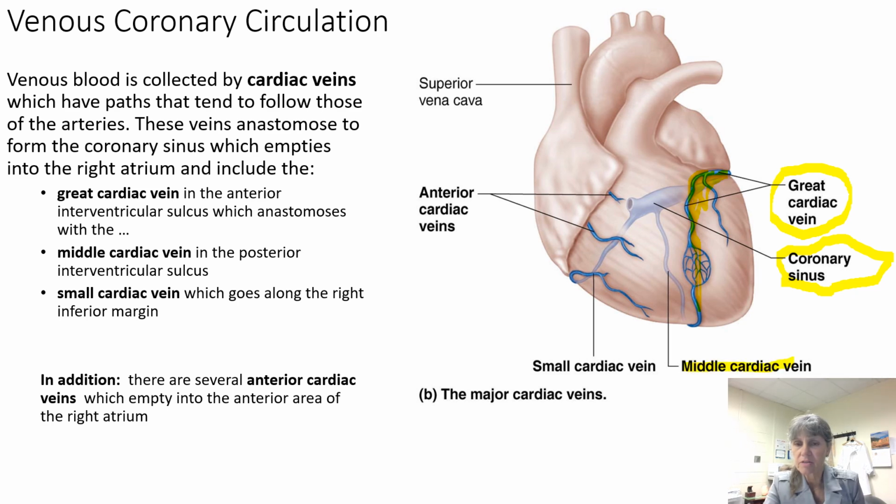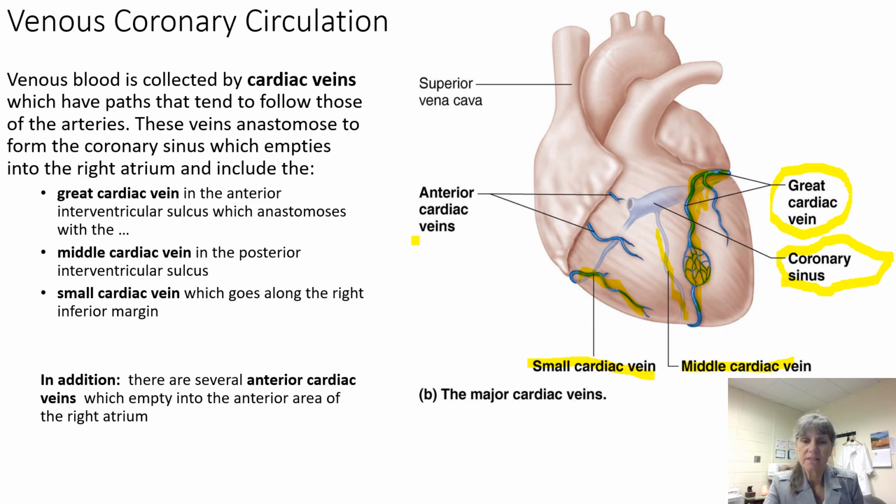So that's where this one will actually come around and merge with that. This is where the anastomosis is. So here's the middle cardiac vein. And then we also have the small cardiac vein, which is right here. And that will go along with the right inferior margin of the heart.